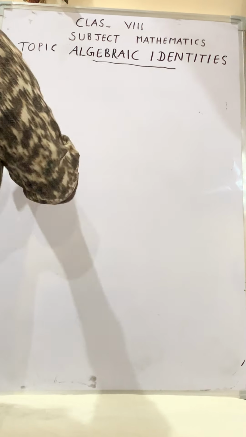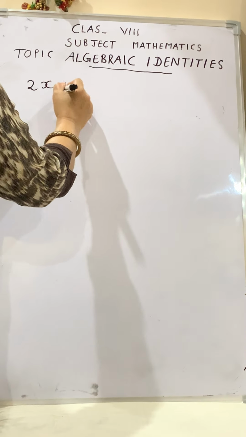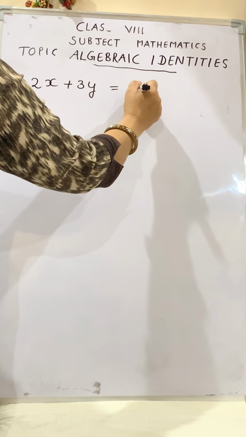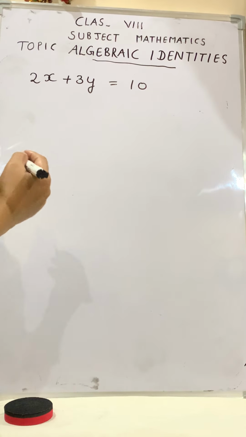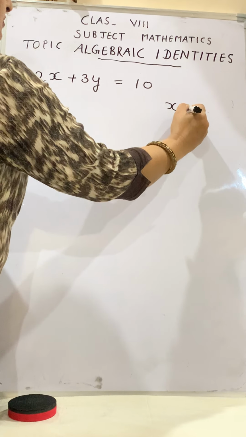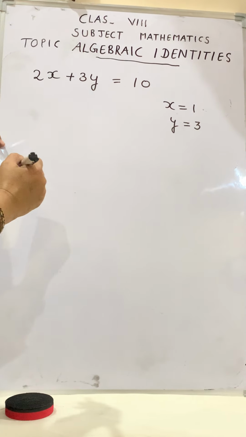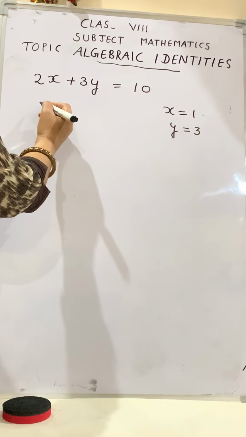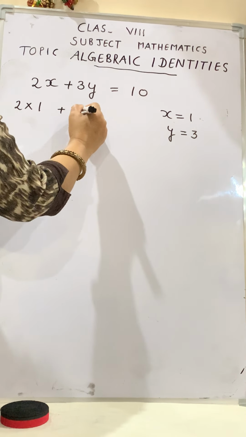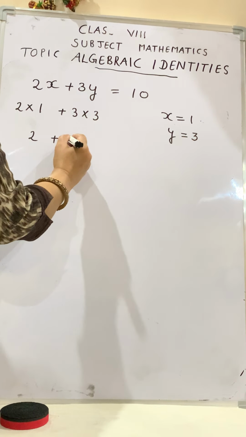We take one example. 2x plus 3y is 10. If we put here x is 1 and y is 3, then we will get 2 multiplied by 1 plus 3 multiplied by 3. 2 ones are 2 plus 3 threes are 9.